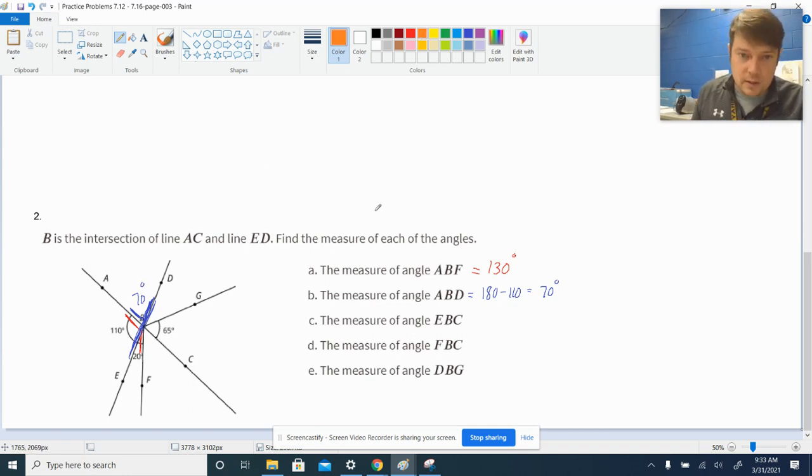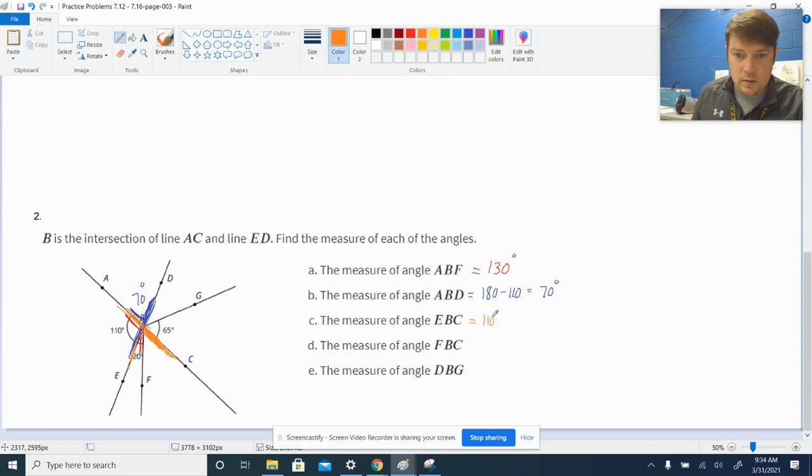All right, the next one says the measure of angle EBC. E to B to C is this orange one that I'm marking right here. We know that this is 20, and we also know that this is 110. So the way that I'm going to think about this one is a supplementary on C here, that 110 plus 20 plus our mystery angle.